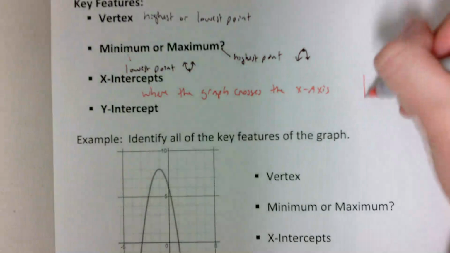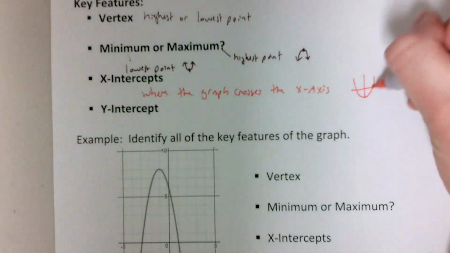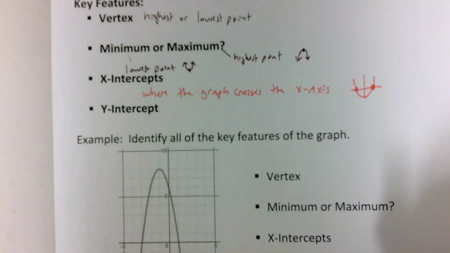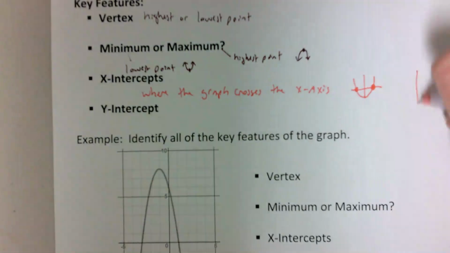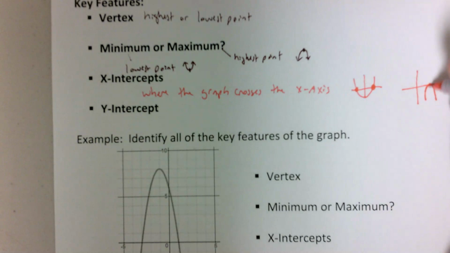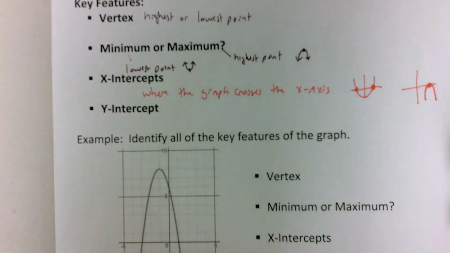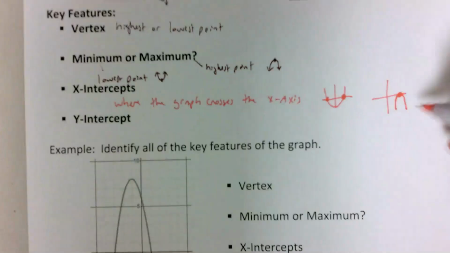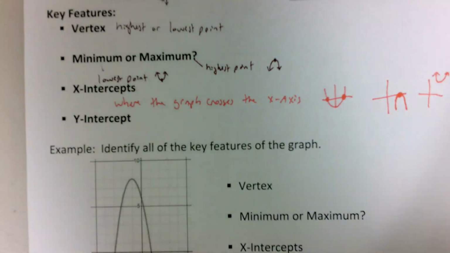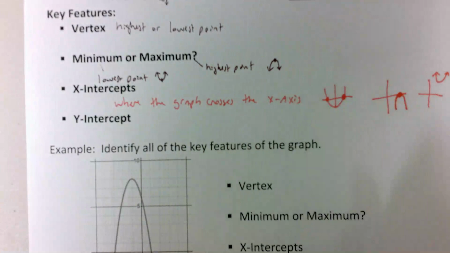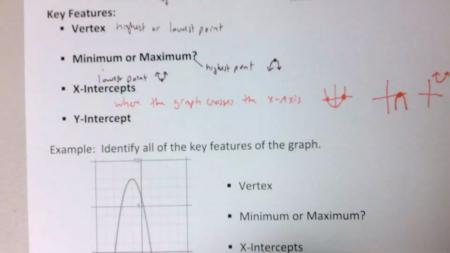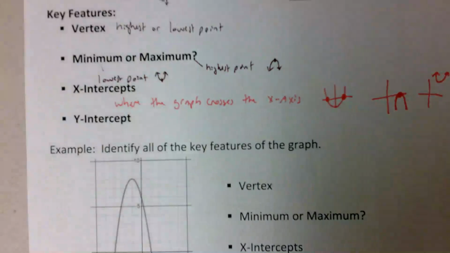So it sometimes will happen where it's going to cross twice, and you'd have two intercepts like in that picture. Okay, sometimes it'll happen where it's only going to hit the x-axis and bounce off, and you'd only have one. But it's also possible sometimes with parabolas that you can have one that doesn't cross at all, and then it wouldn't have any x-intercepts. Okay, so those are what our x-intercepts are.